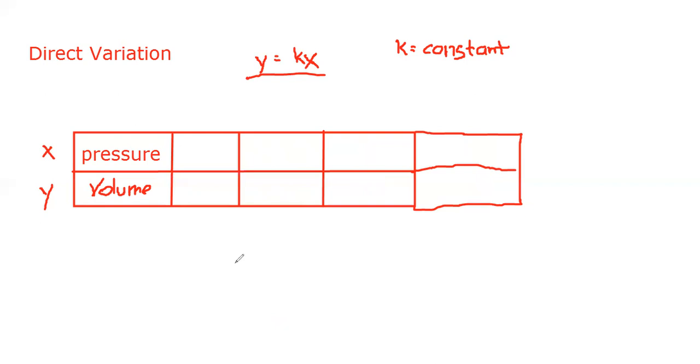So we have here pressure 2, 3, 4, 5 and volume 6.28, 9.42, 12.56, and 15.7.